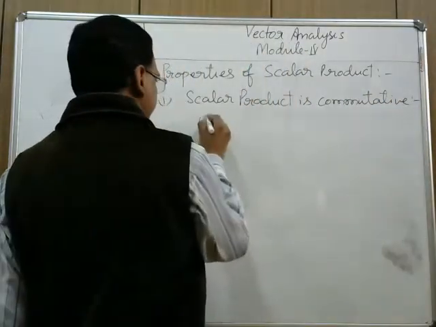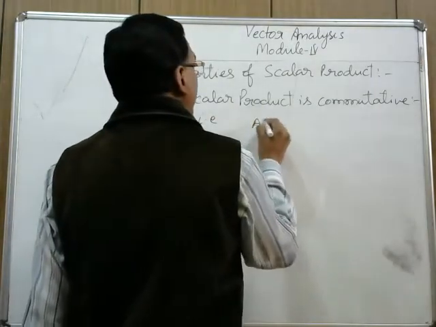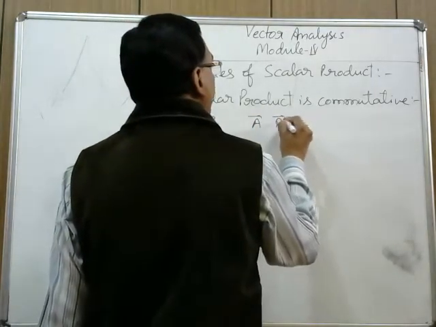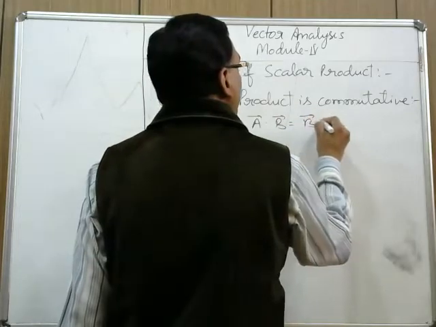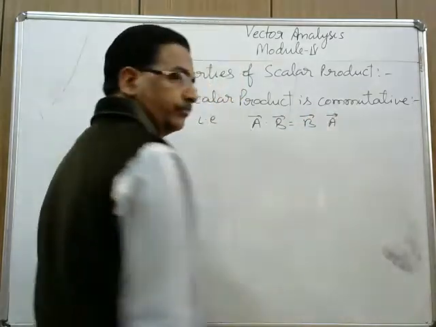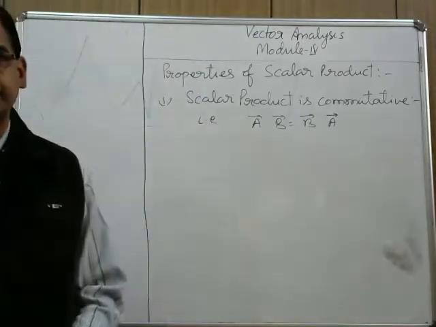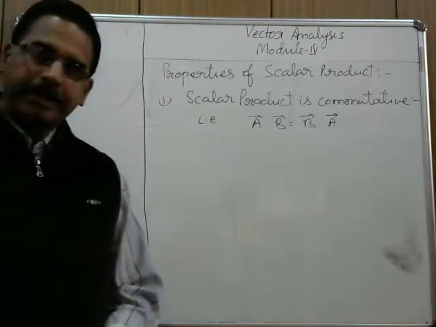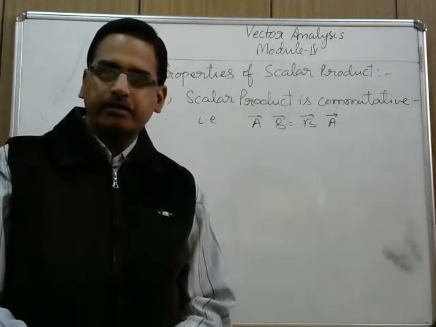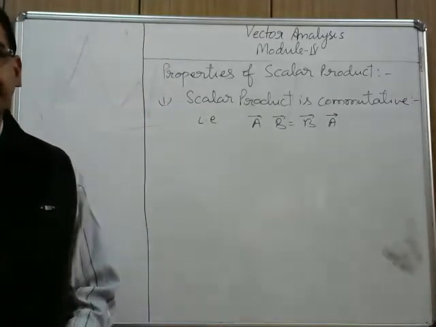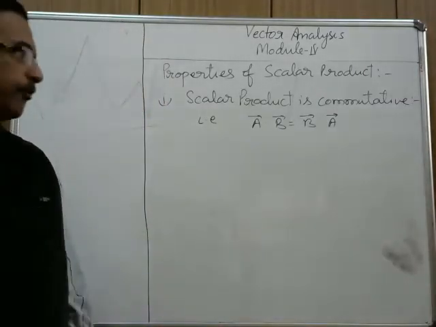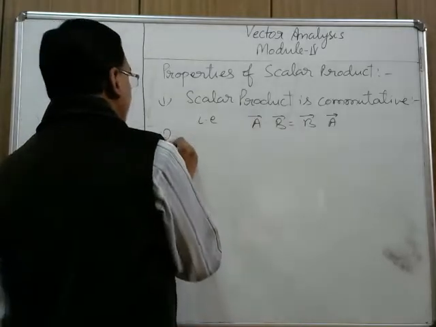That is, A dot B equals B dot A. Scalar product is commutative. Means either you find A dot B or you find B dot A, the result will be same. Now we will give the proof of this also.